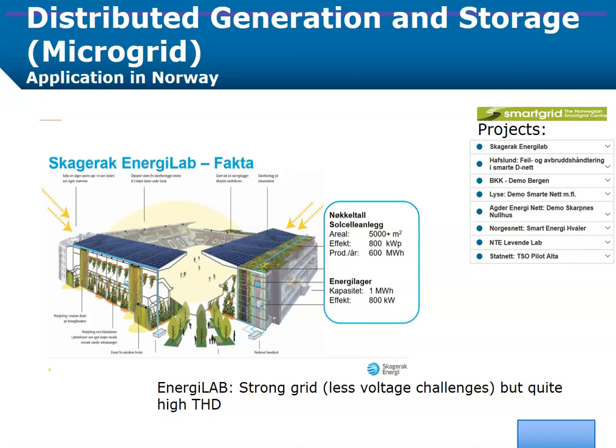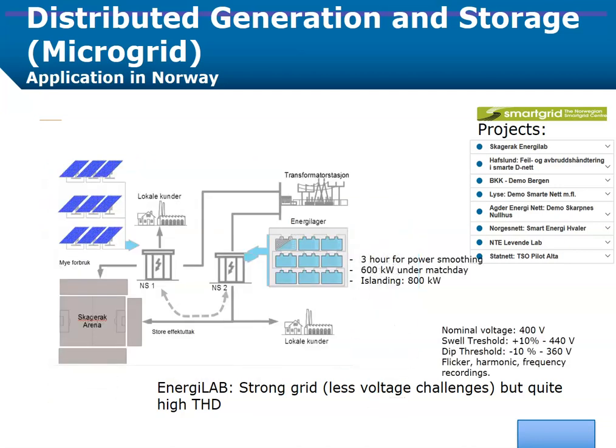The challenge here is that it is quite a strong grid, as you see, with fewer voltage challenges, but we can have some kind of high harmonics due to the converters and the switching.